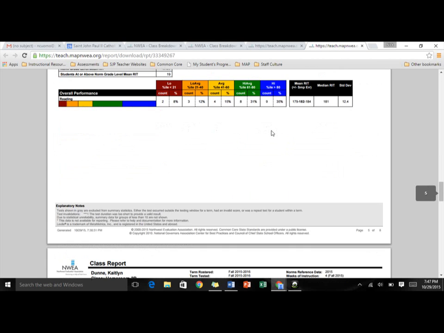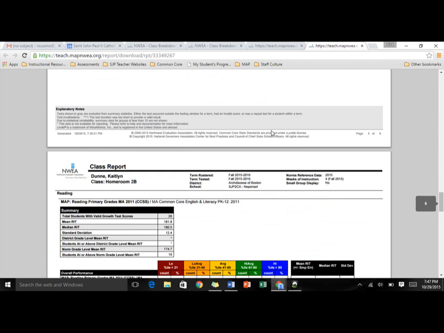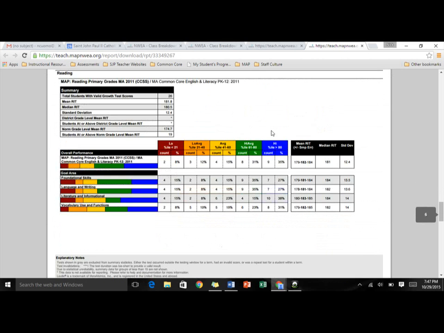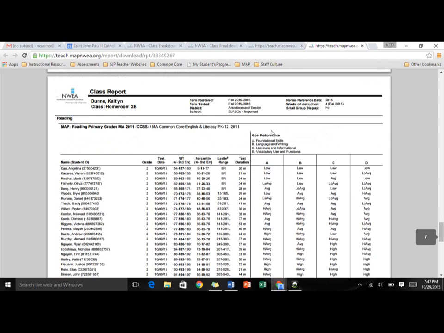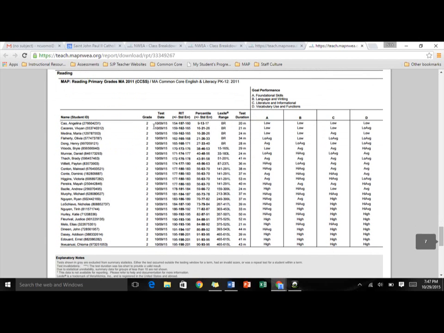I just wanted to bring up one other thing. If we look at the reading report, the reading class report, it should look very similar, except you should have one additional column here, the Lexile range. So the Lexile range is an indicator as to the reading level of the student, and that correlates to what level text the student can access and how complex that text is.